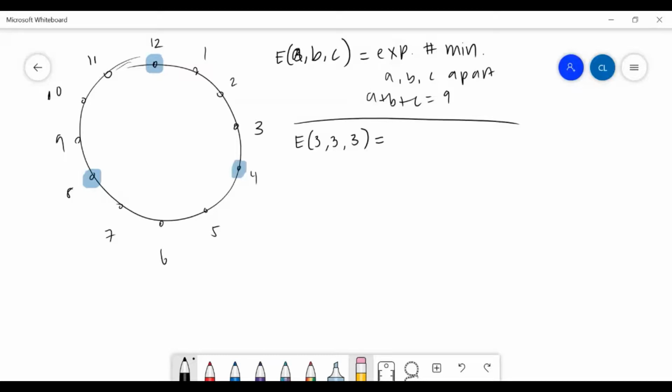So E(3,3,3): if we take one minute, then we're going to get to some other states with certain probabilities, similar to the very first example.